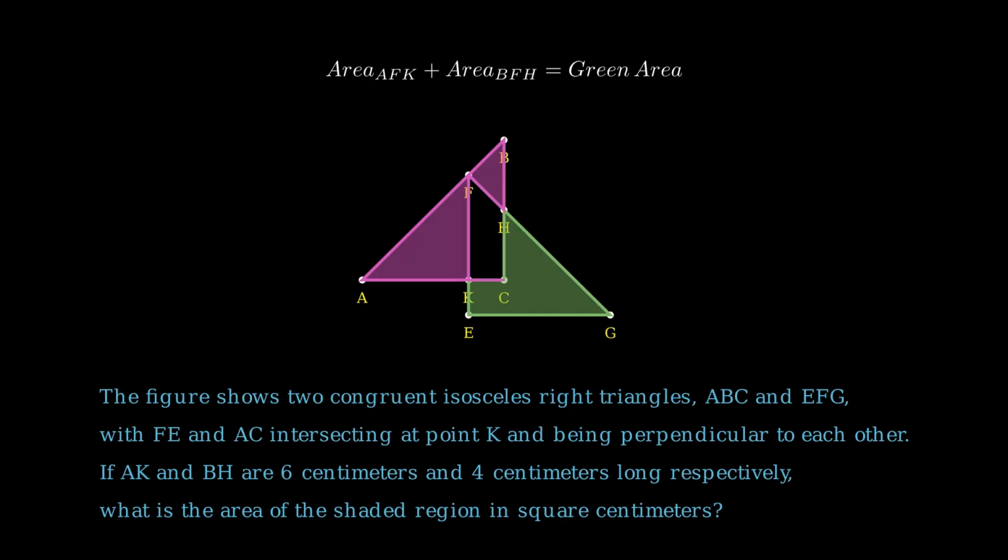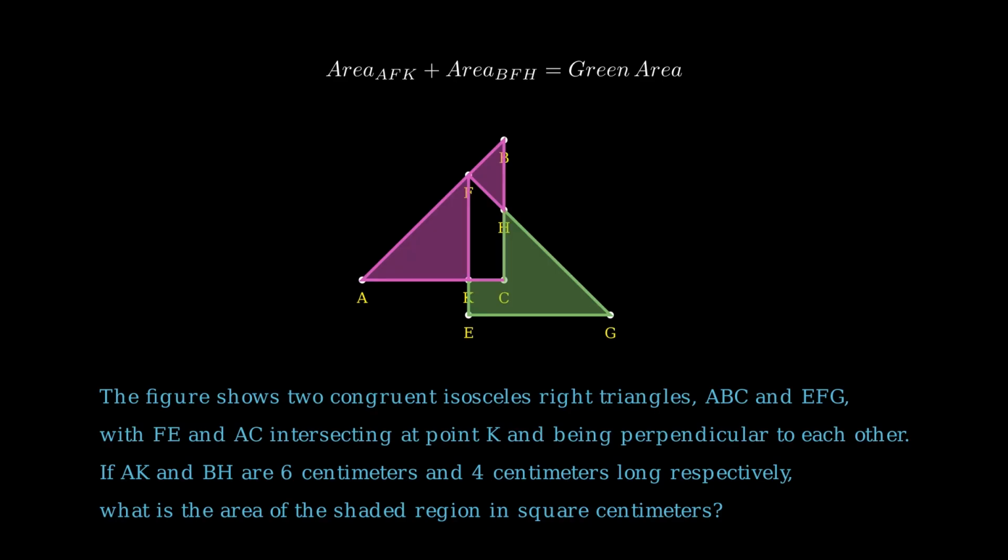We know for one thing that one side of the triangle AFK is 6. And since this is an isosceles right-angled triangle, we know that the base of this triangle is 6, and the same applies to the height, because angle FAK is 45 degrees, and angle AKF is a right angle.